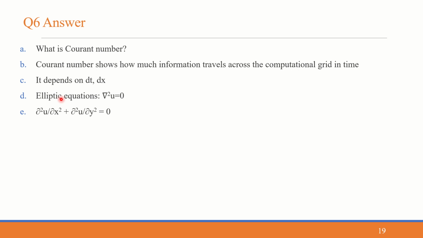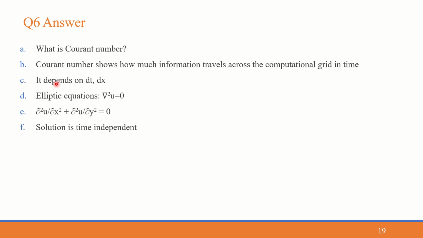In expanded form, it looks something like dou square u by dou x square plus dou square u by dou y square equal to 0. Here there is spatial variation, but time variation is not there. These problems are independent of time. The solution is time independent. So Courant number is not applicable for elliptic problems.